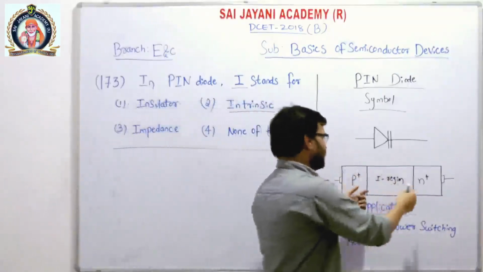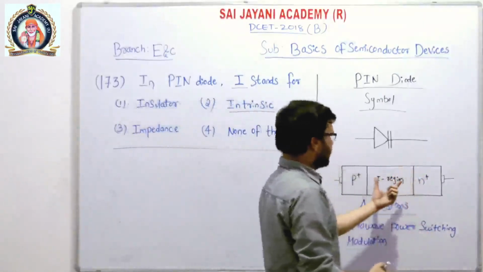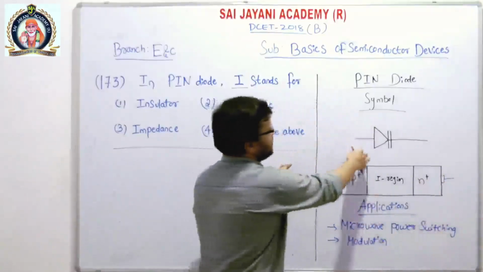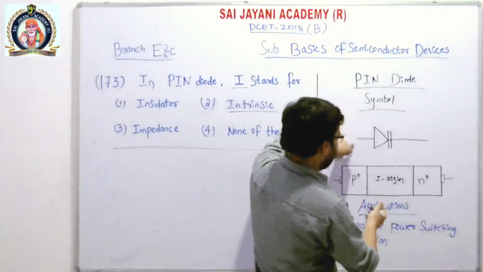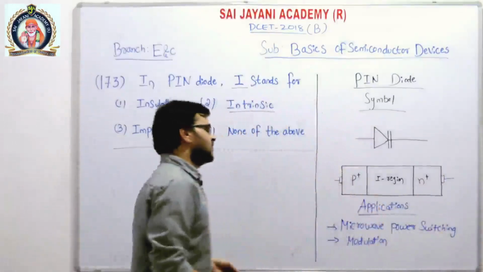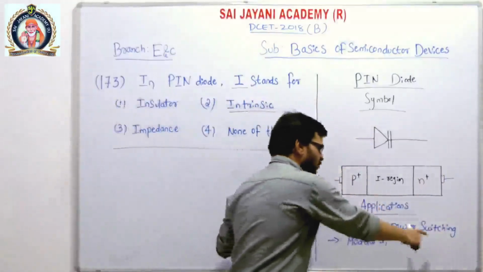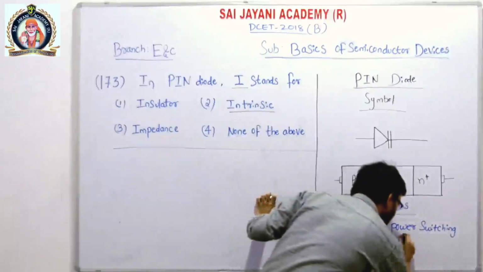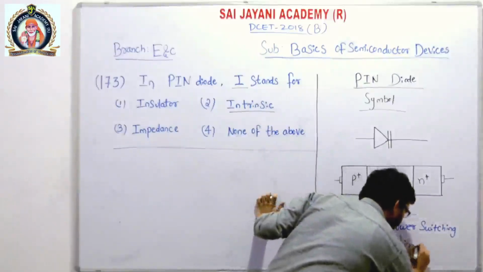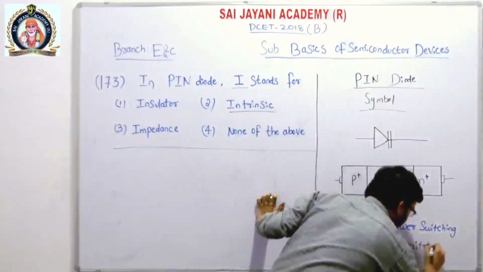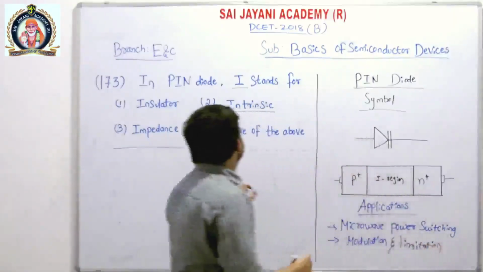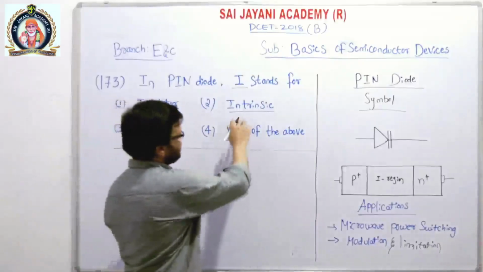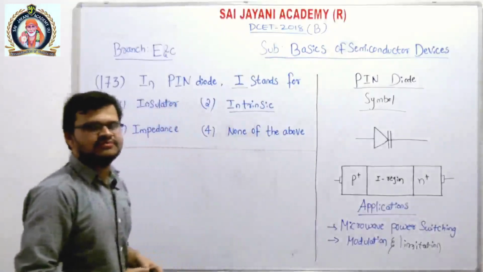This is the symbolic diagram of the PIN diode, and it is mainly used in microwave power switching and modulation, and also in limiting circuits. So from the options, the second one, that is intrinsic, is the right option for this question.